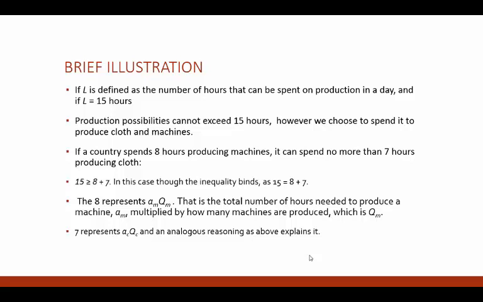If L is defined as a daily number of productive labor hours and is equal to 15, then production possibilities must not exceed that, so that if I spend 8 hours producing machines, I must spend no more than 7 hours producing cloth. The 8 hours is arrived at by asking, how many hours does it take to produce a machine, which is AM, and then multiplying that by how many machines I can produce, which is QM.